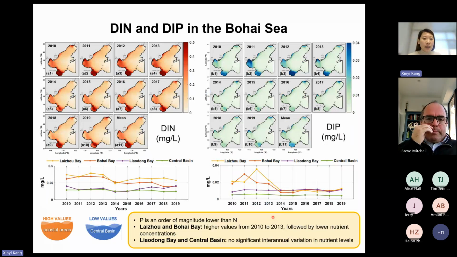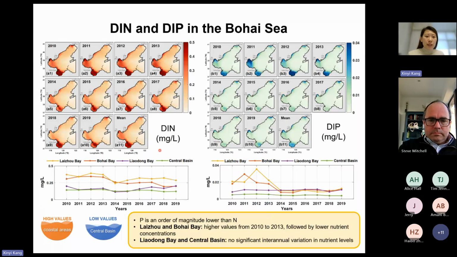Based on the 10-year simulations from 2010 to 2019, we could see from the spatial pattern that high nutrient values occurred in the coastal regions, and low values occurred in the central basin. And also phosphorus is an order of magnitude lower than nitrogen.